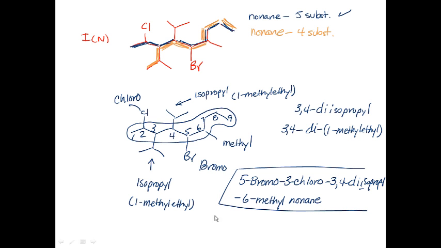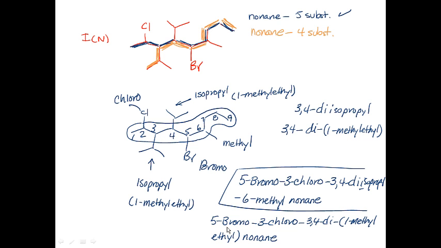The other possible name would be 5-bromo, 3-chloro, 3,4-di 1-methylethyl nonane.